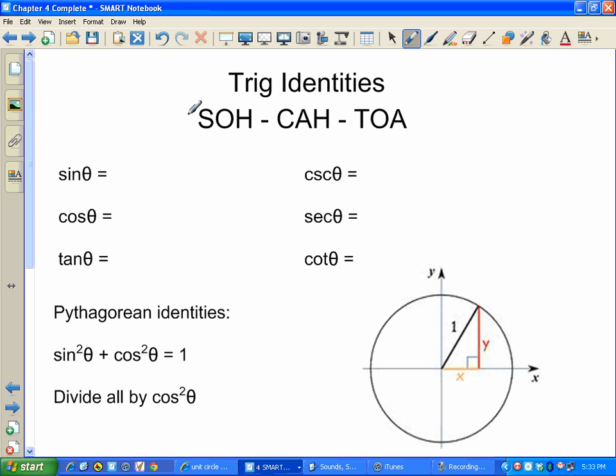So for those of you that had me last year, you should remember this: SOHCAHTOA. Remember, this simple phrase tells you everything you need to know about right triangle trigonometry. So SOHCAHTOA: the sine equals the opposite over the hypotenuse.